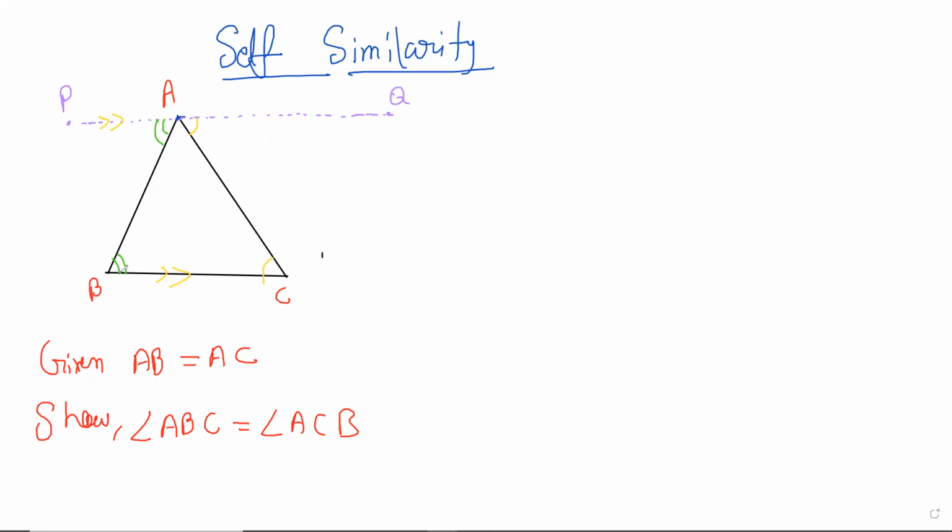Why? Why? The entire line is 180. So what? No, that's not correct. Why?